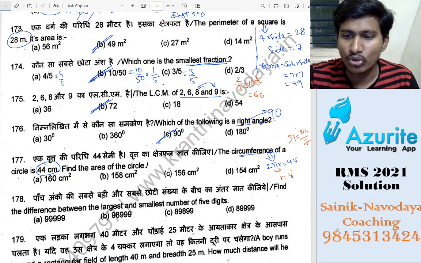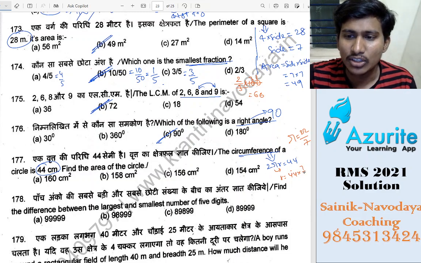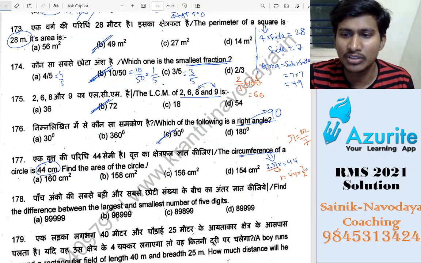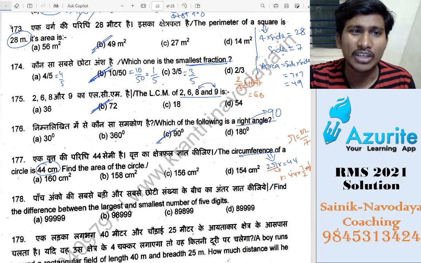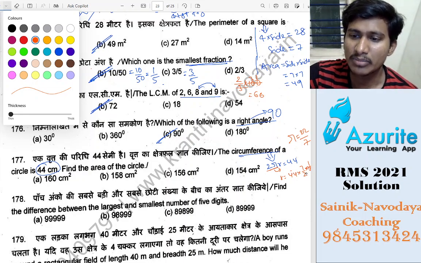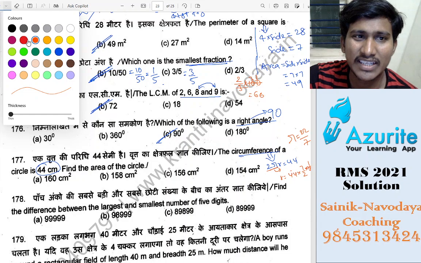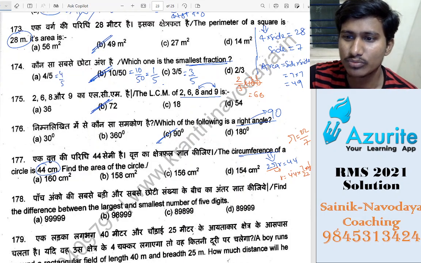So 44 into 7 by 22, and the 2 taken to that side becomes 1 by 2. Now cancel it out. 7 will be the answer.